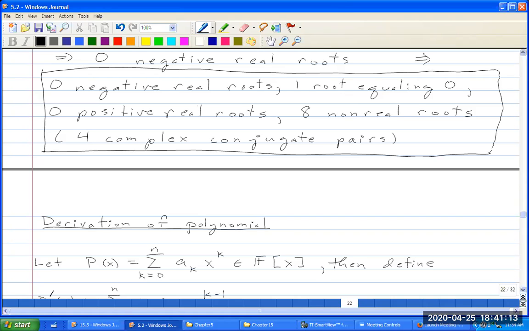I could look from negative infinity to 0 and say how many negative roots there are, or the interval from 0 to infinity to tell how many positive roots there are.